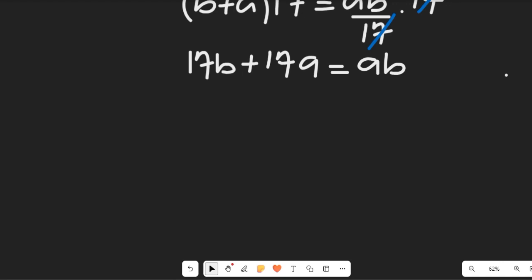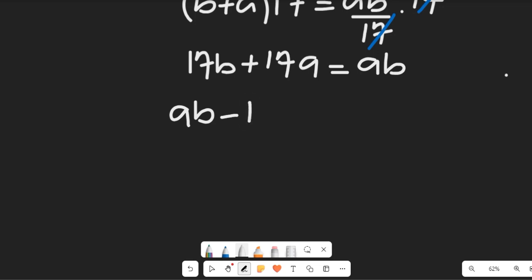Now at this point, what do we truly need to simplify? If I bring this expression together, I'll have ab minus 17b, because this will cross over the equal to sign to give us 17a, and all of this will be equal to 0.